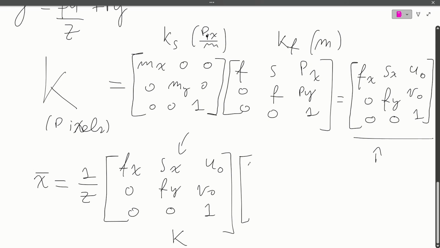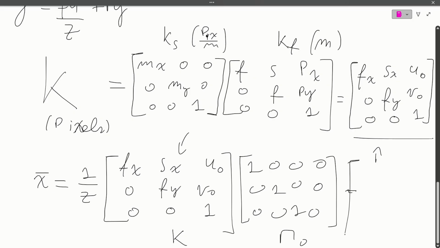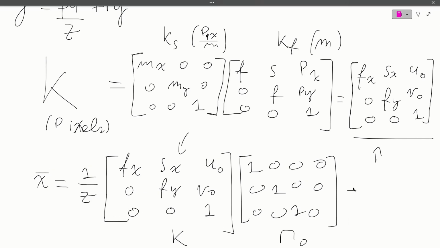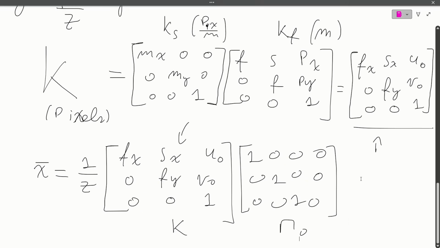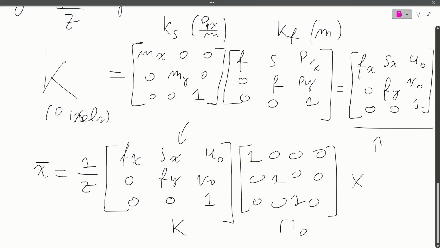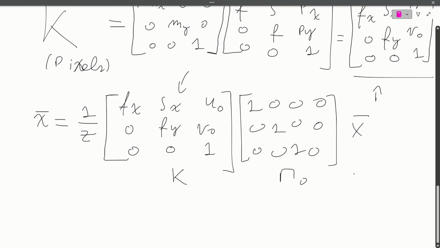P0, that is 1 0 0 0, 0 1 0 0, 0 0 1 0. P0, okay, and then multiply by X, like this.